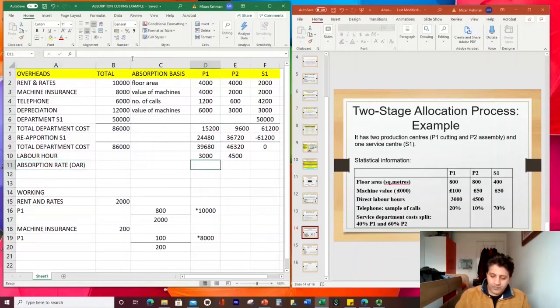How do we calculate this? We calculate this by dividing our overheads, as the formula says, by the number of hours. 3.22. I'll deal with the decimals in a minute. I do the same thing with my P2, and I got the rate for that as well. So that is the end result of this apportionment and allocation exercise.